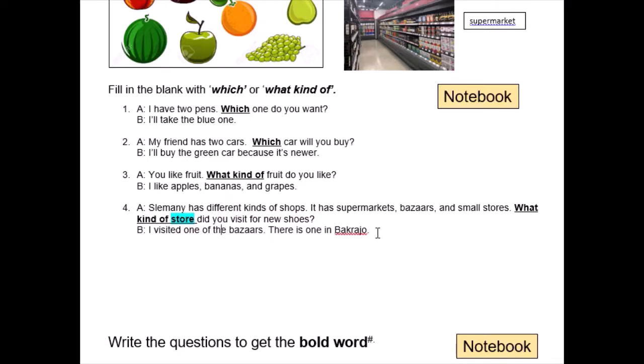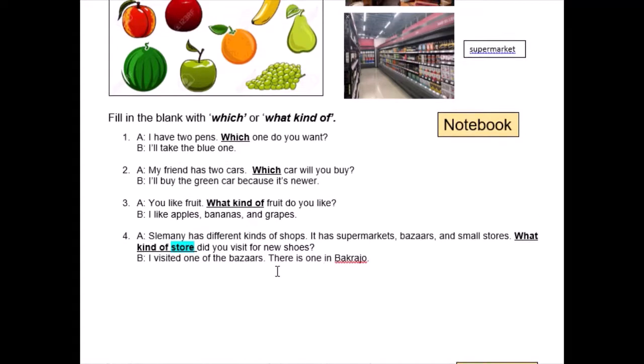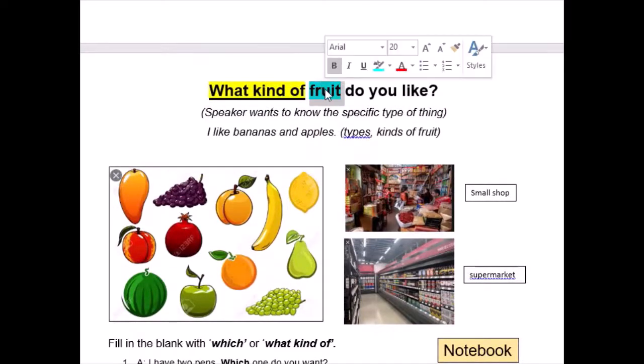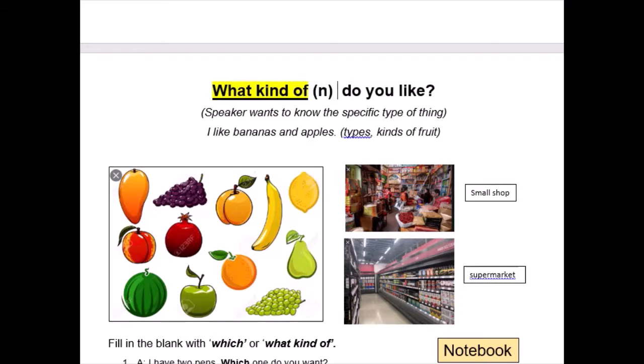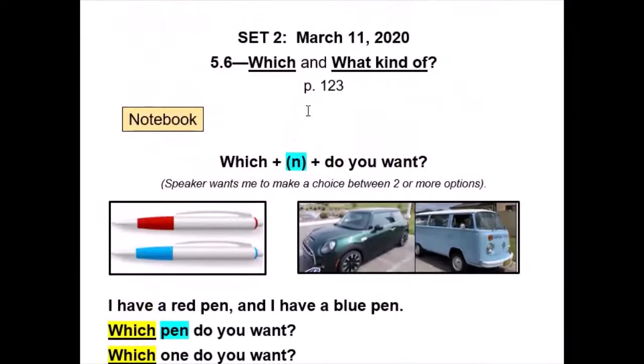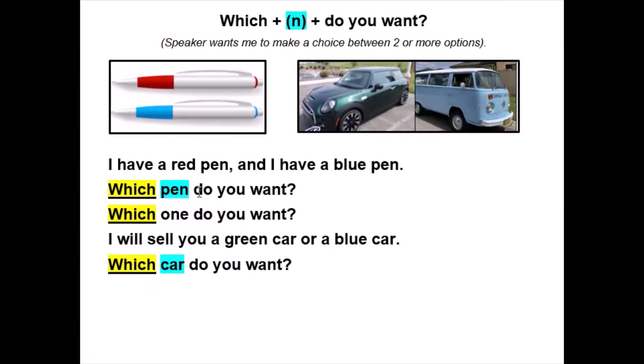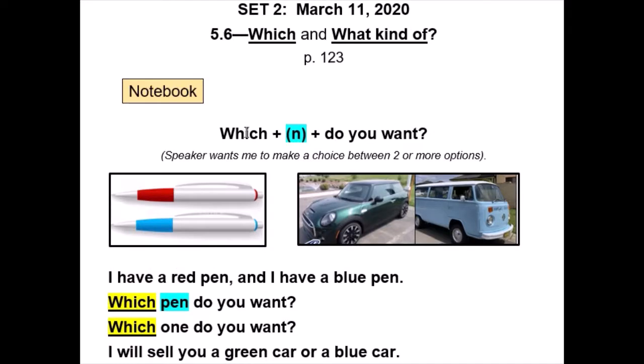There is one in Bakrajo. Okay. So when I want more information about the type or the kind, then I can use what kind of plus noun. If I have 2 choices or more and I want to ask which one, I want to know what is your choice, then I can say which plus noun plus verb, okay?